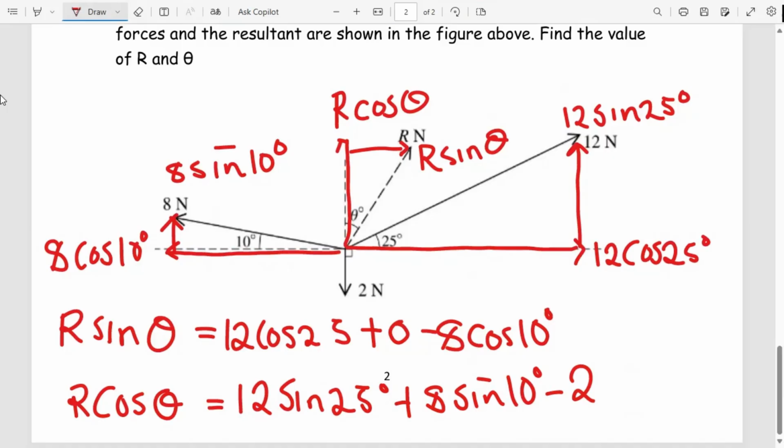So these, ladies and gentlemen, are the equations that we're going to use to find the magnitude R itself and the theta, its direction from the positive y-axis, the way it has been given. So let's now go to our blackboard.